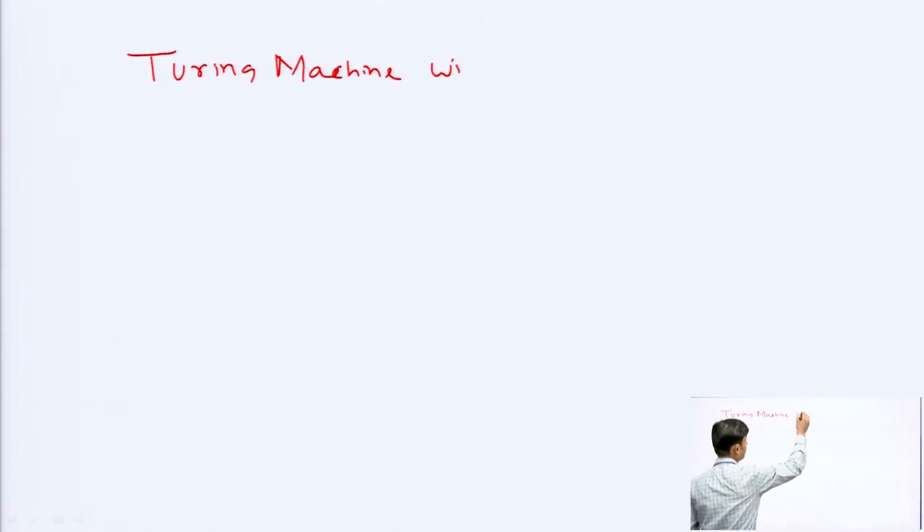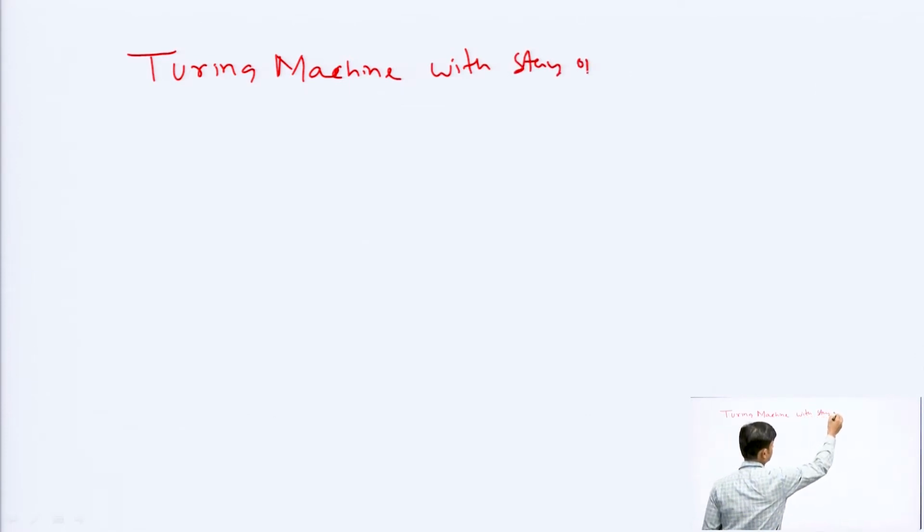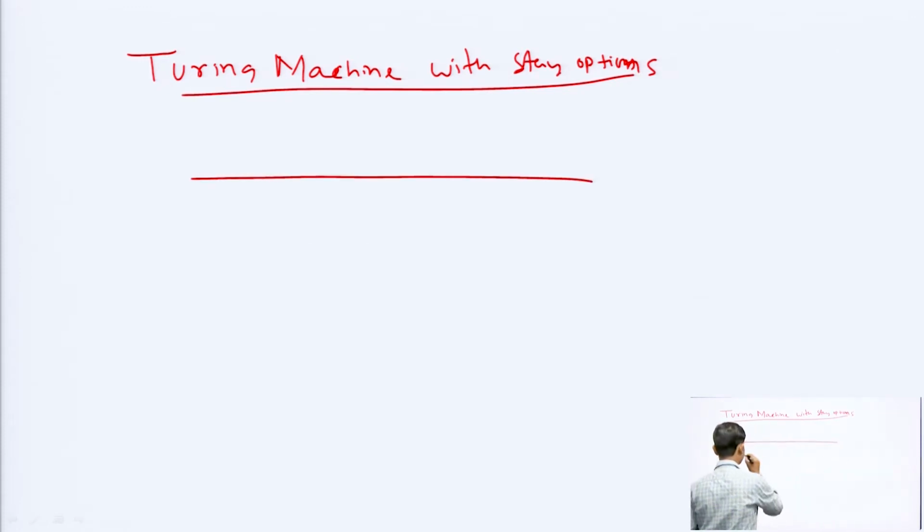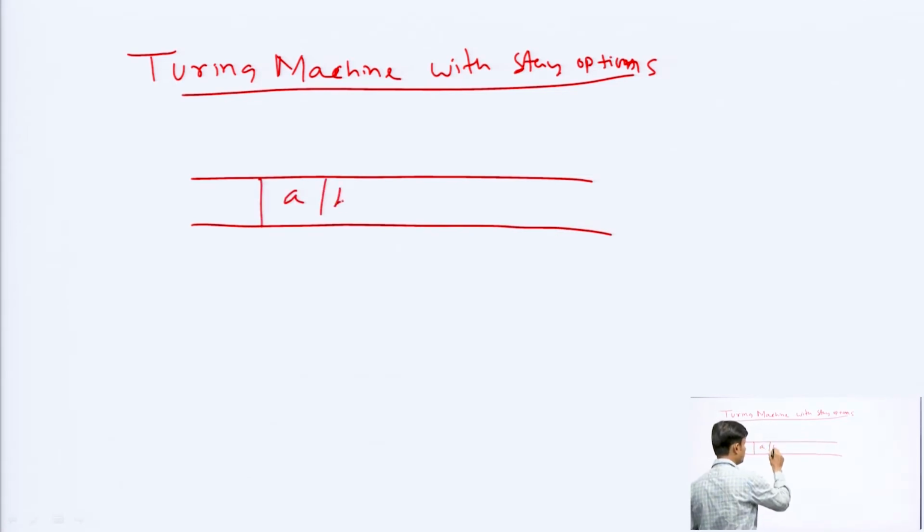This is a kind of theory topic, the stay option. Suppose we have some input, A, B, and this is A and B, like that. You have some Q0.